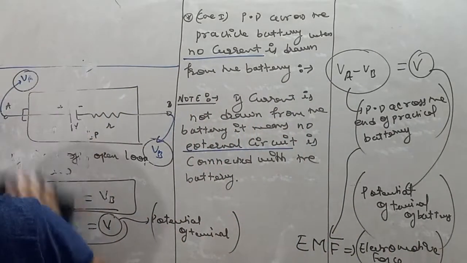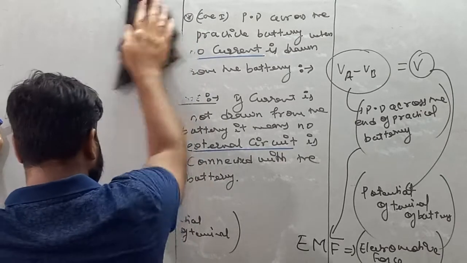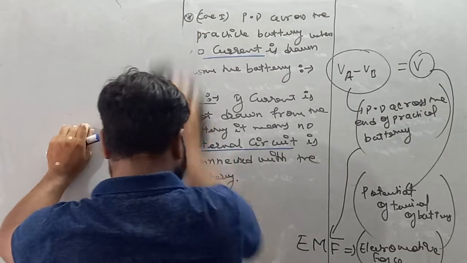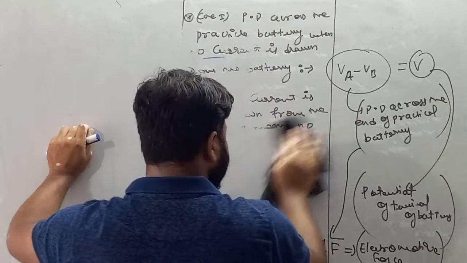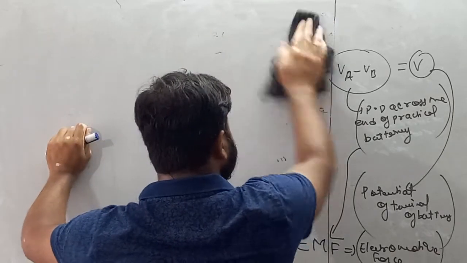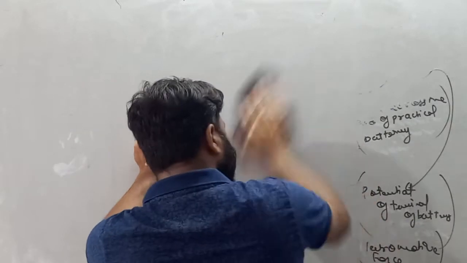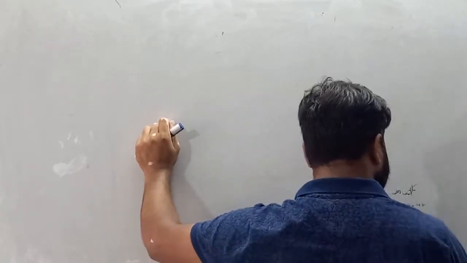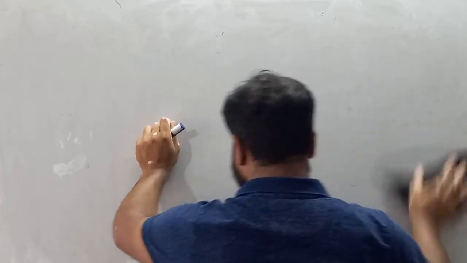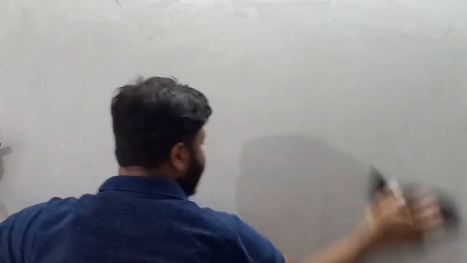So EMF is the potential difference across the ends of a practical battery when no current is drawn from the battery.